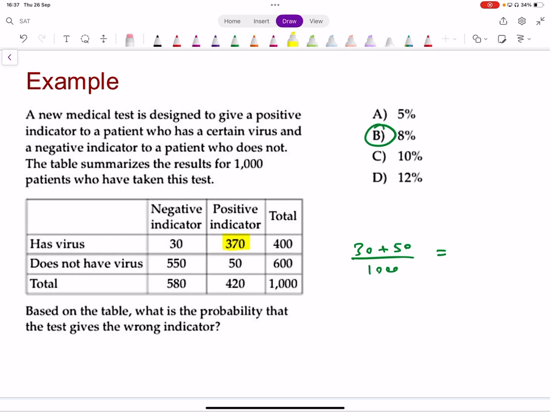If they do not have the virus and the test is negative, that's also correct. But the other way around will not be correct. If somebody has the virus and they get a negative result, that means the test is giving a wrong indicator. If they do not have the virus and the test is positive, again, that's a wrong indicator. So 30 plus 50 divided by 1000, that's 8%. Yes.